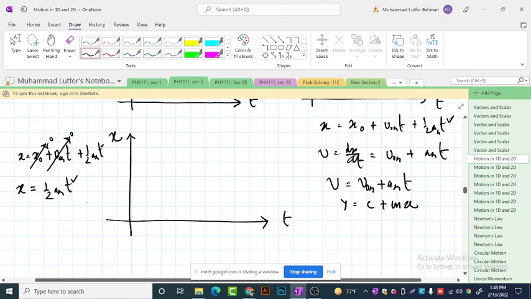Now a x is constant, so this whole term is constant, and x is directly proportional to t square. So it's a t square curve, or y equal to x square curve, and the displacement versus time graph would be that one.